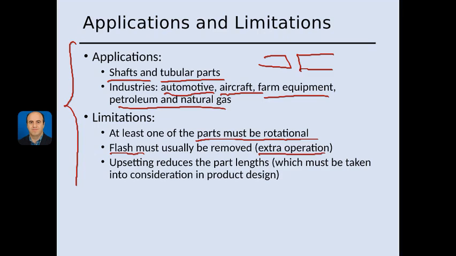Also, in the third step, as I mentioned in the previous slide, we have some offsetting, so we are pushing the material toward each other. So for the part length, you have to take into consideration how much of the metal is going to be pushed into each other, so it doesn't affect the design.